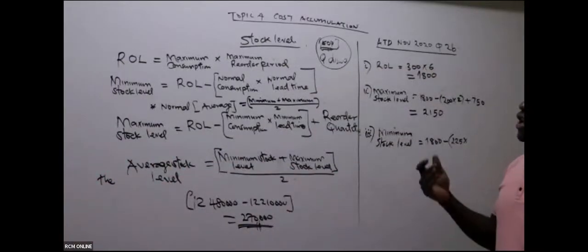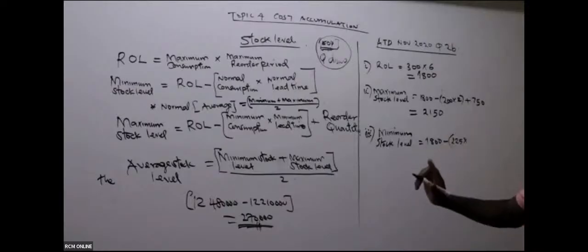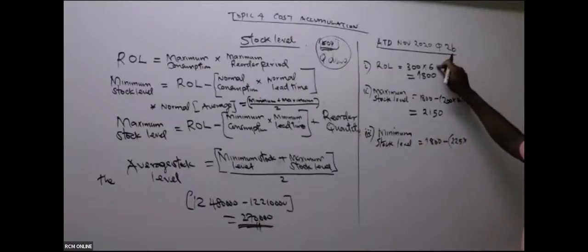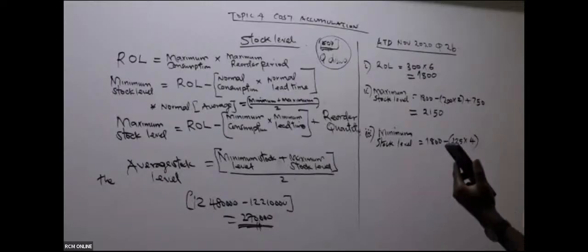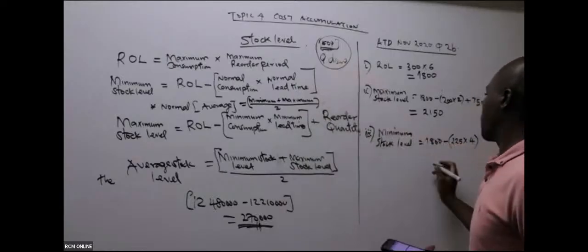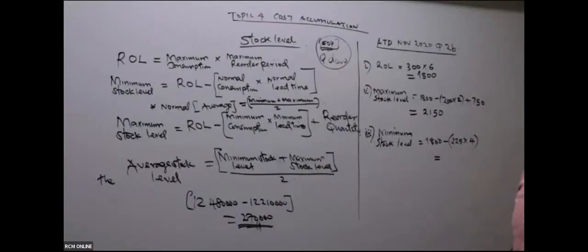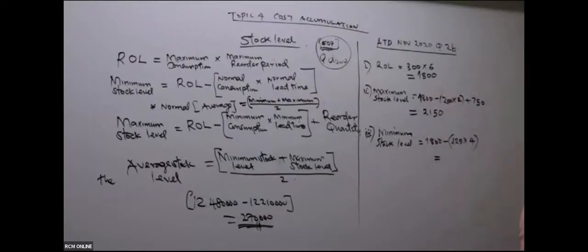For the average lead time, you take minimum lead time, which is 2, plus maximum lead time, which is 6. That will give us 8. 8 divided by 2 will give us 4. I think that's what we have in this formula for the minimum stock level. Yes. So please go ahead and display to us what your calculator has given you. What figure are you getting from your calculator?